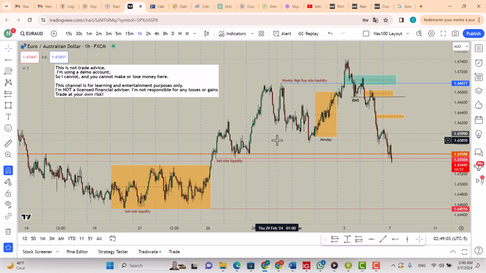I cannot express enough my joy of being able to see something like this unfolding in price action. This market maker sell model is perfect. This is the buy side of the curve, and this now is the sell side of the curve.